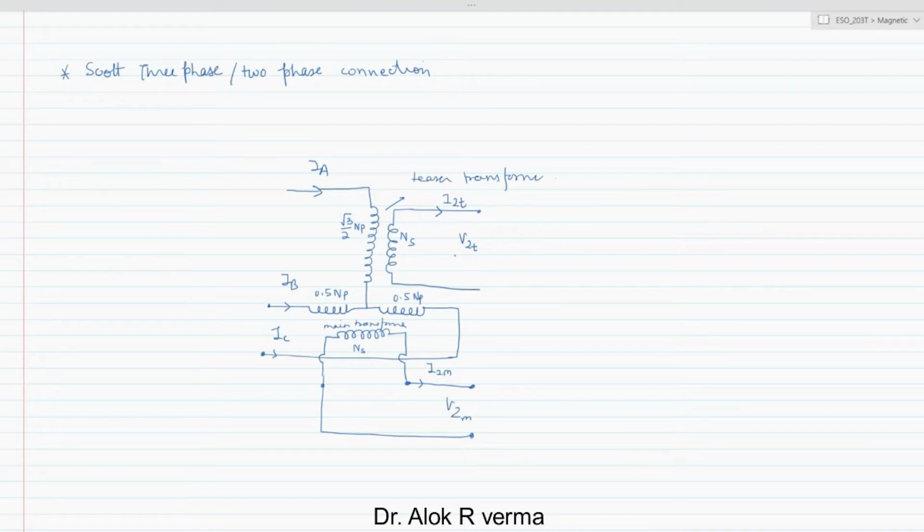So this is the Scott connection diagram. The main transformer is center tapped, at D. So this is the main transformer, which is a center tap transformer and connected across the lines B and C. So this is line B, this is line C. It has a primary BC and secondary terminals A1 and A2.